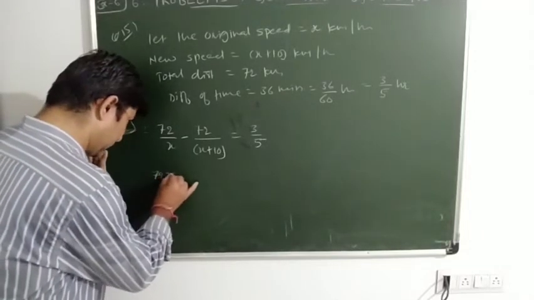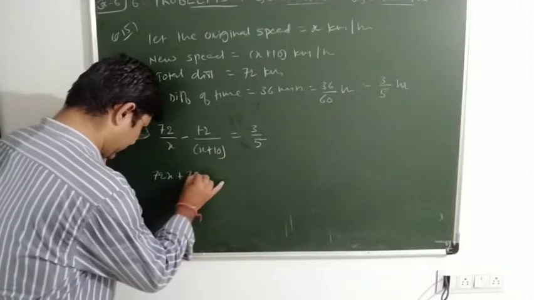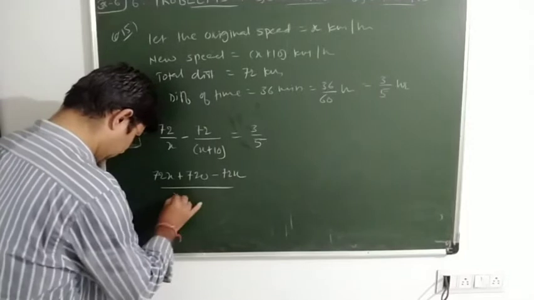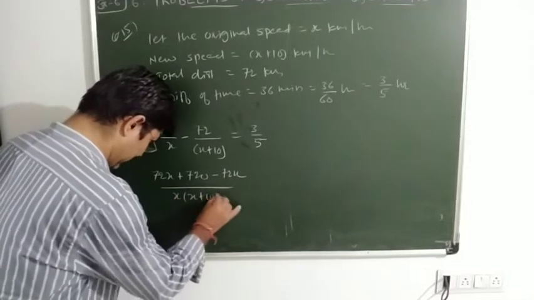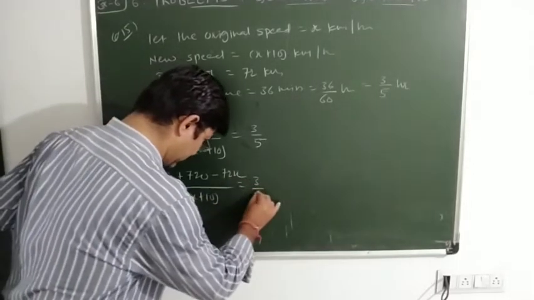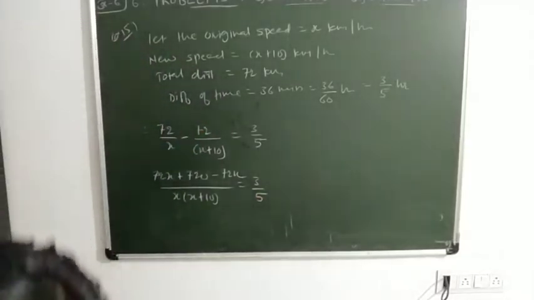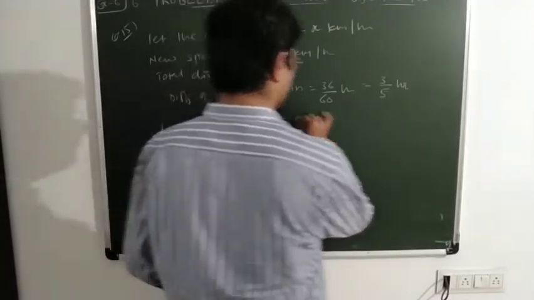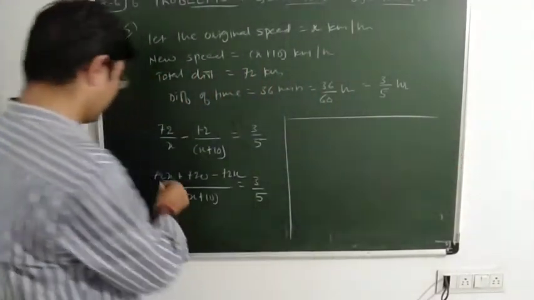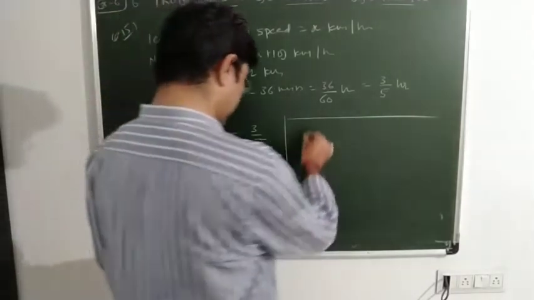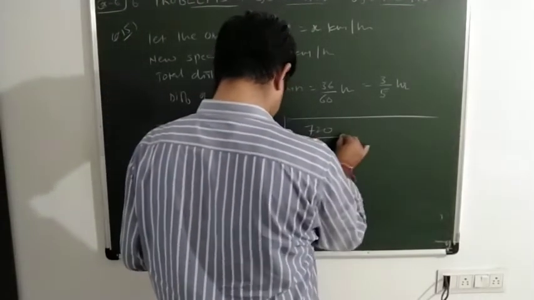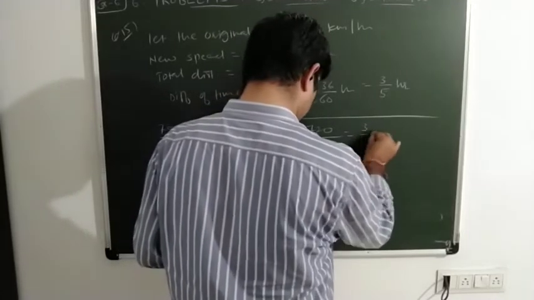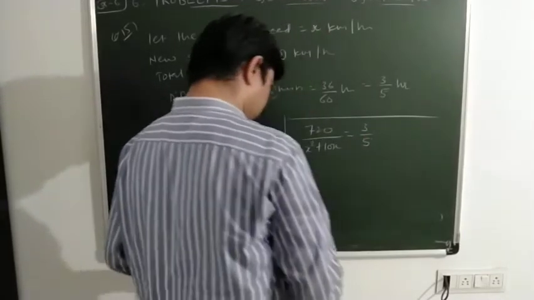Now we can simplify. So 72x plus 720 minus 72x upon x into x plus 10 is equal to 3 upon 5. So 72x plus and minus will get cancelled. 720 upon x square plus 10x is equal to 3 by 5.